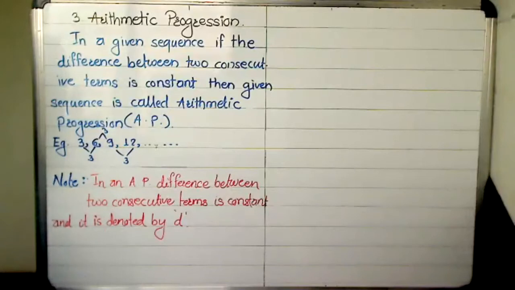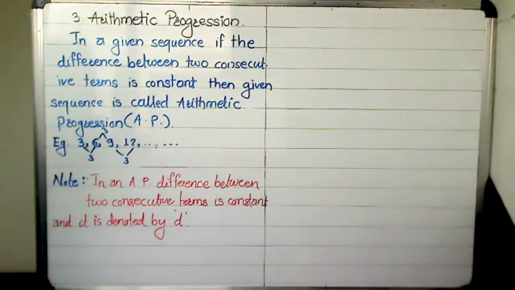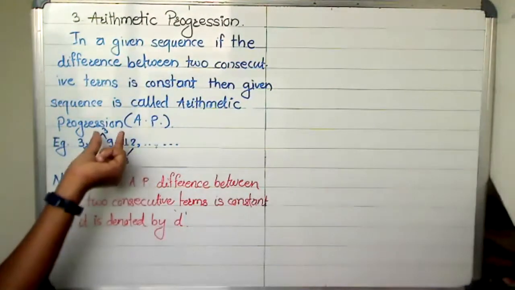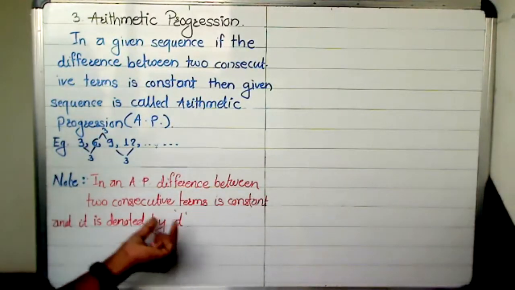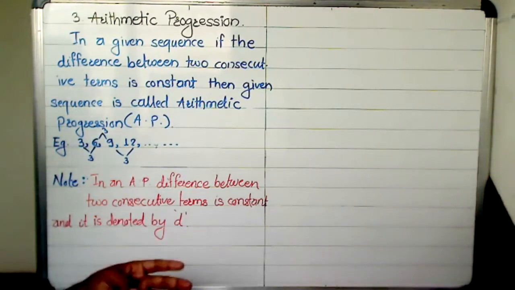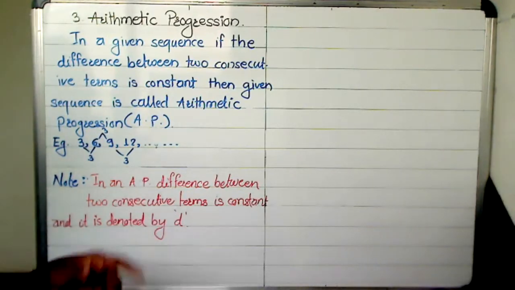So what is the condition for a sequence to be called an arithmetic progression? d must be constant. If d is constant, then the given sequence is an arithmetic progression. Is there any restriction on d? No. d can be positive, negative, or zero, but it must be constant.